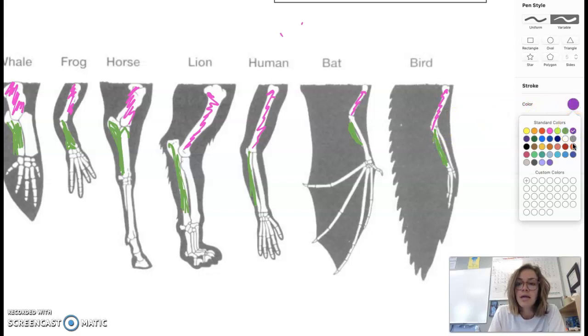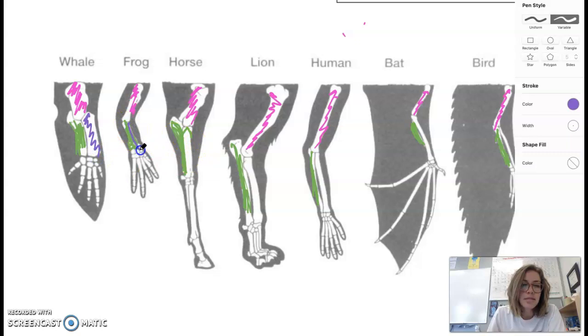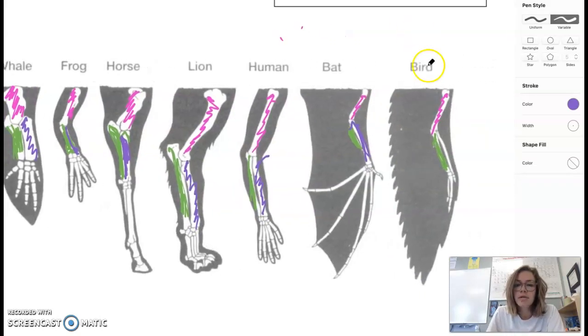Let's keep color coding that. Let's go ahead here to purple. So over here on the whale, right? Notice you kind of had that differentiation down here. There's that differentiation. They're not separate. They got those similar structures and functions. Same thing here on the lion, the human, the bat, and the bird, if we color coordinate those.